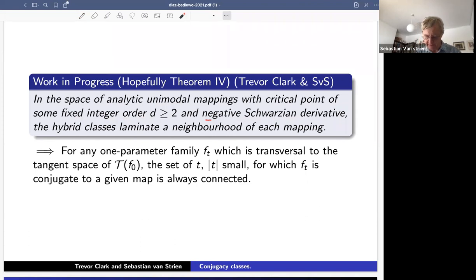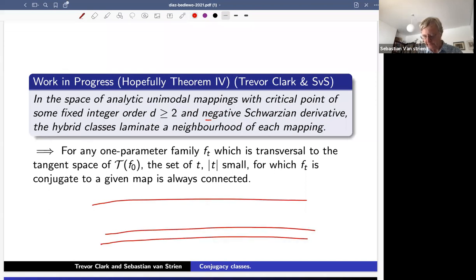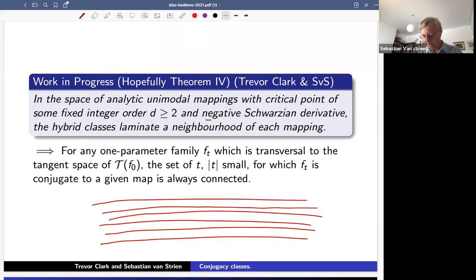So what does that really mean? That means that in this case, the picture is not like the previous one. It's really, as you kind of hope, that the conjugacy classes are essentially following infinite dimensional leaves.